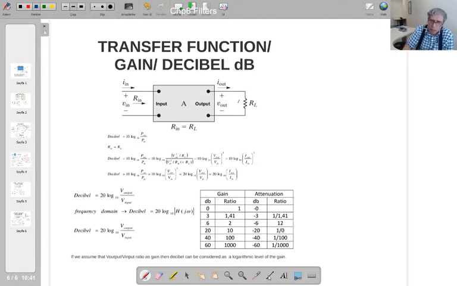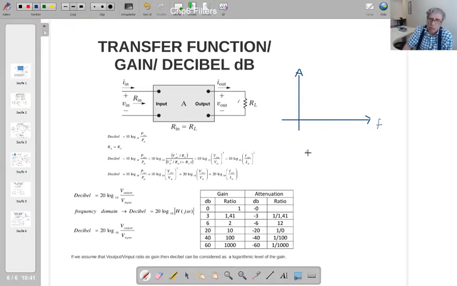Assume that you're going to draw a function, and let's assume that's frequency. So in electronics, the frequency range that we use is very wide, isn't it?